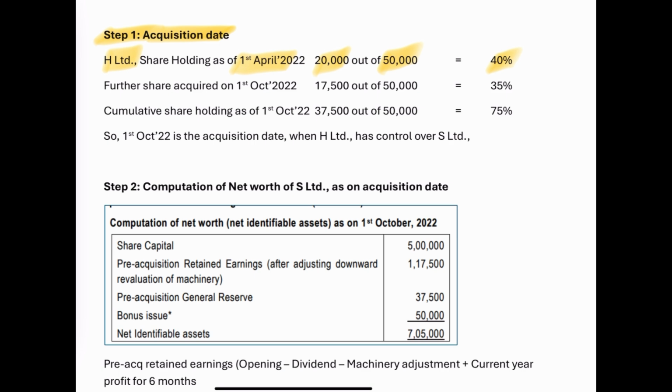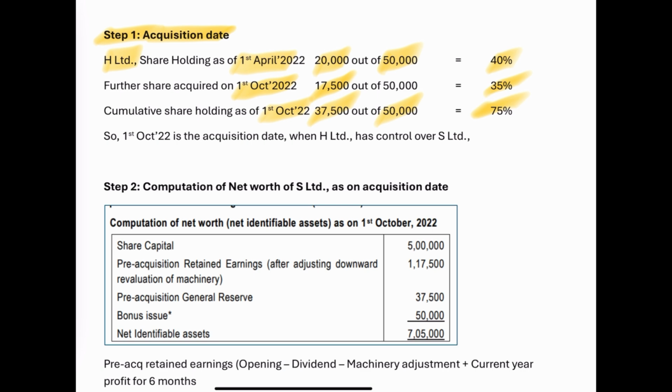Then H Limited also invested on 1st October 2022 a further 17,500 shares in S Limited. That accounts for another 35% investment. So as of October 2022, they have 37,500 shares out of 50,000, which quantifies to 75%. Since it exceeds 50%, we can conclude H Limited has control over S Limited.